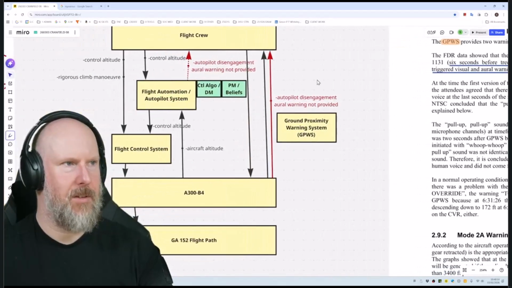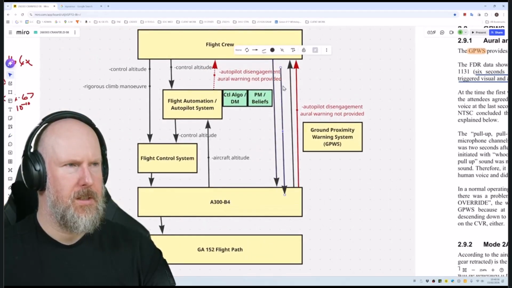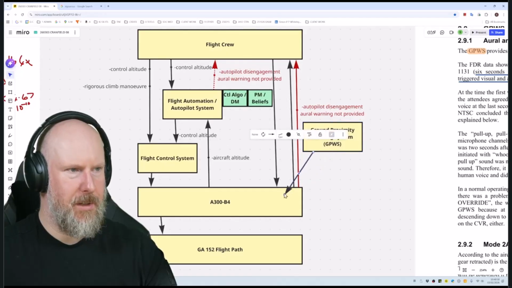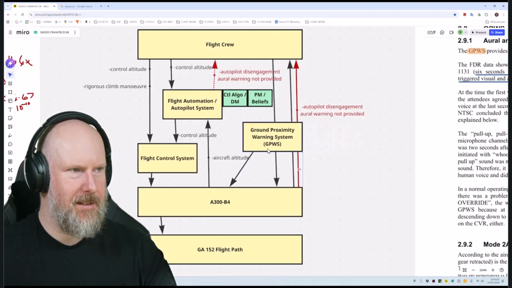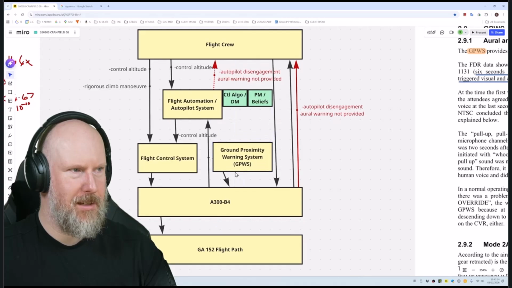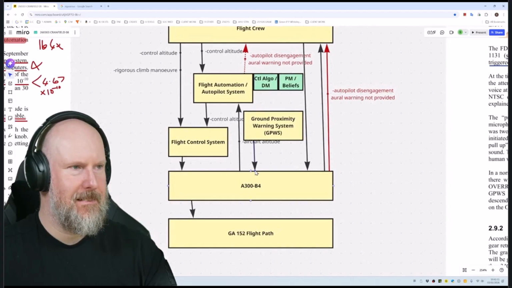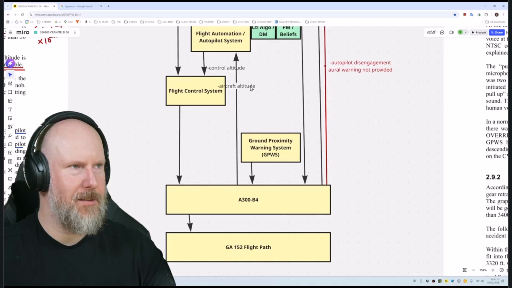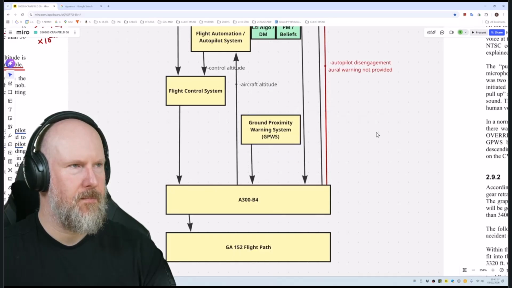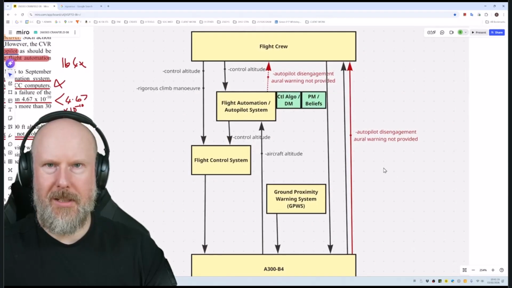Okay, so let's just have a look. I'm going to stick the GPWS there, and how shall I fit it in? Can I fit it in there maybe? It's a bit of a mess, a bit squashed. Let me stretch this down a little bit, make it look a bit smarter. There we go. So I've put it in the control structure.